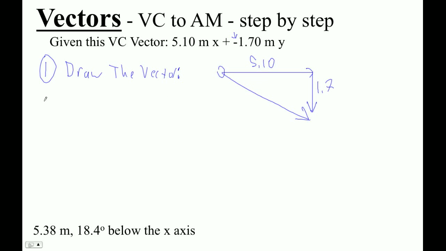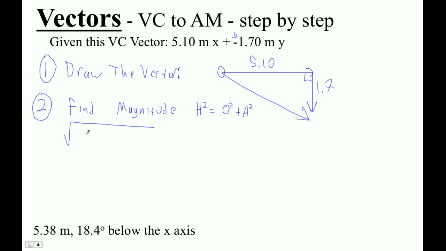Now, the next thing to do, step 2, is to find the magnitude. Since these guys are components, they're always at right angles to each other, so we can use the Pythagorean theorem. If you need it, the hypotenuse squared equals the opposite squared plus the adjacent squared. So I'm going to find the magnitude.